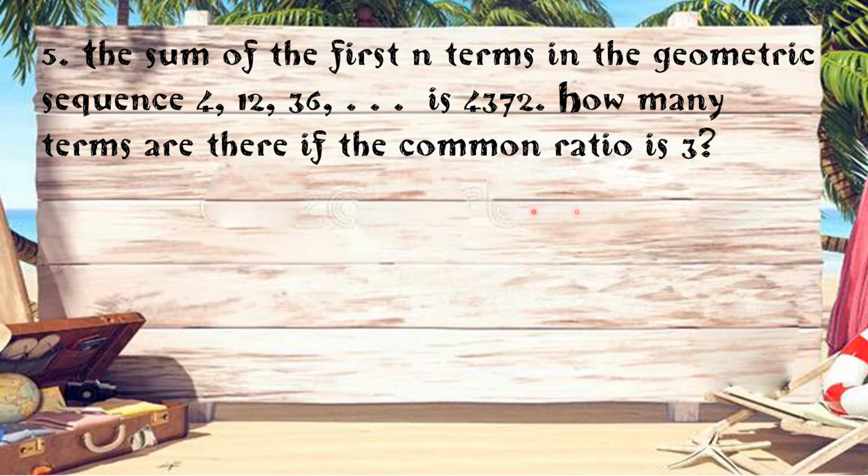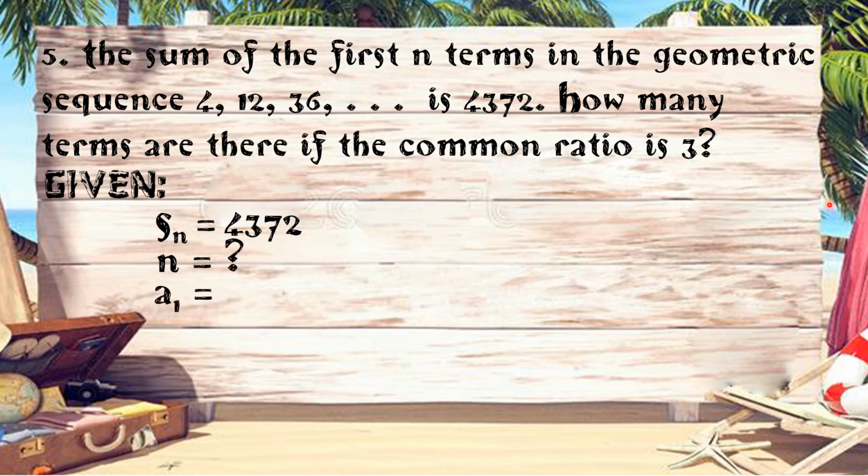And, ang nawawala ay yung number of terms with the common ratio of 3. So, kunin muna natin yung given. Ang sum natin is 4,372, but we don't know yet kung ilang number of terms yan lahat. So, yun ang ating missing. The first term is 4, and the ratio is 3.